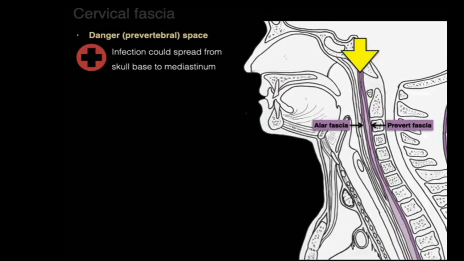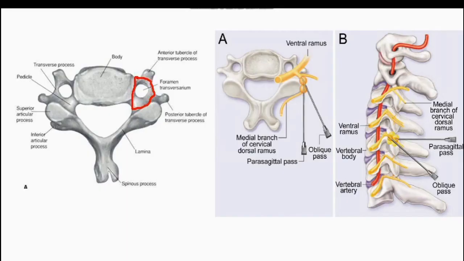Any infection at the base of the skull can spread a long way from the base of the skull to the superior mediastinum. Here is the prevertebral fascia, and here is the alar fascia. The space between the alar fascia and the prevertebral fascia is known as the danger space.